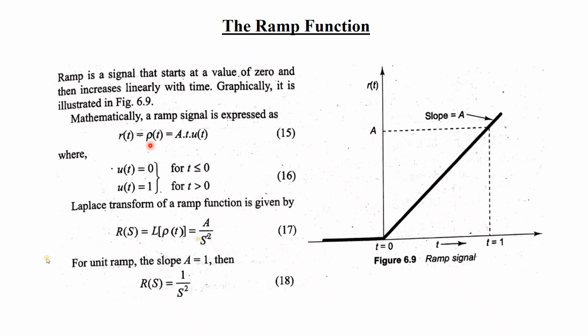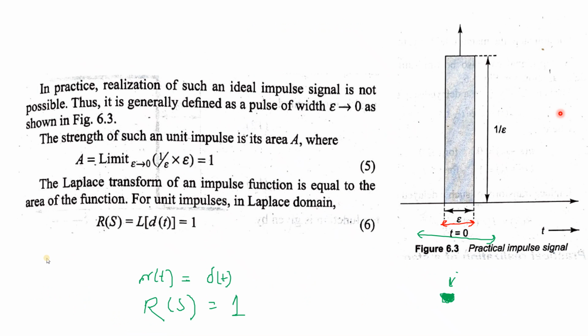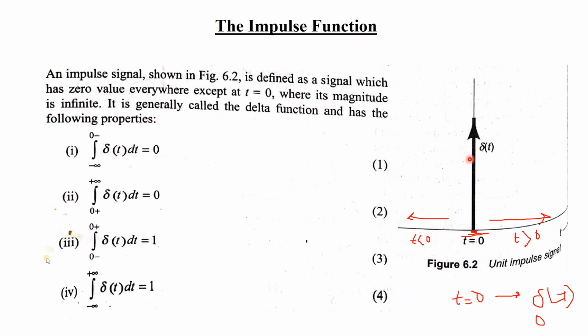The ramp signal is represented by rho, which means the input is a ramp signal, equal to a into t into u(t). Now why u(t)? u(t) is the step function, because the ramp is very similar to a step. In a step function, when time is greater than 0, you get some magnitude.